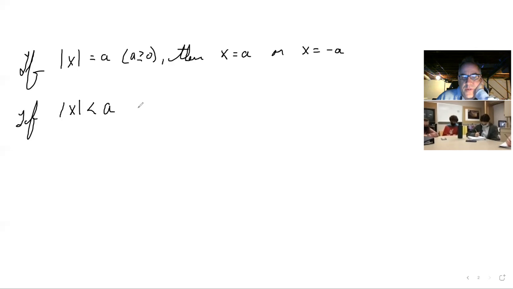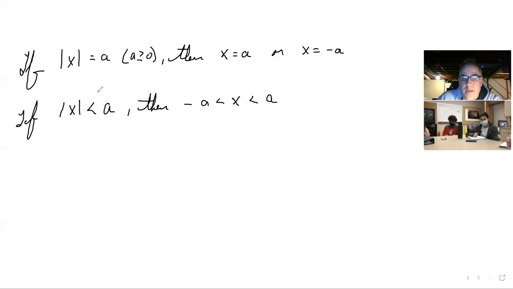I'm just going to say, if this is the case, we can rewrite it by taking whatever's inside the absolute value and writing a double inequality, literally wedging it between A and the opposite of A. And that's how ultimately we will solve these less than absolute value cases.